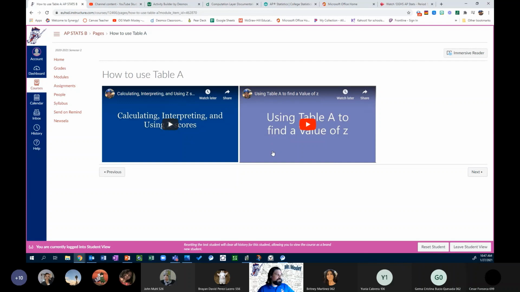Both have to do with how to utilize table A. And those types of things, which I think we need to make sure we are good at this point because it keeps coming up. So that's there in that module now.